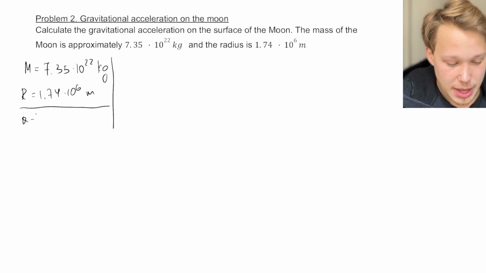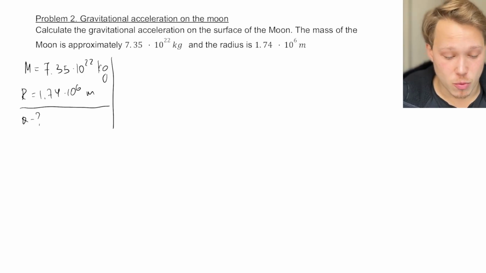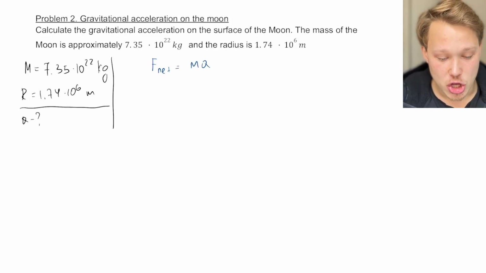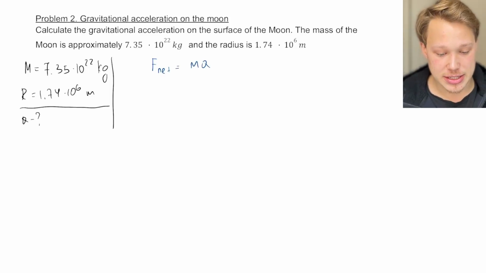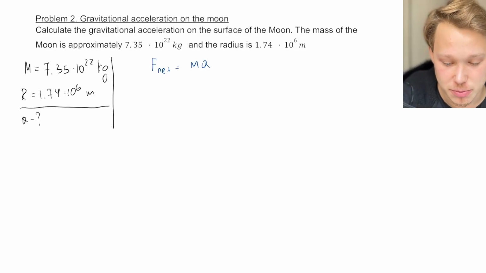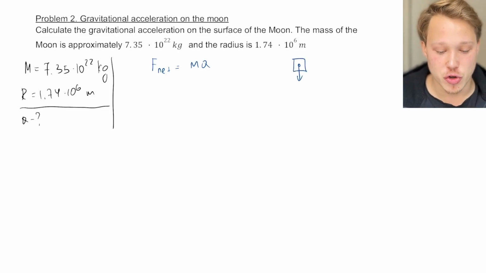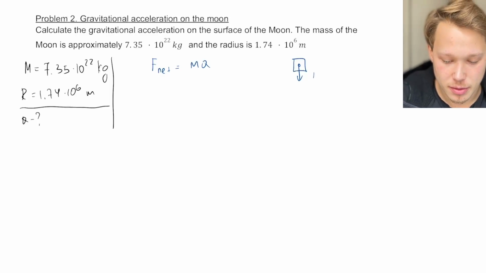Now, we'll start this question just as we've started all our examples in previous units, with Newton's second law: F net is equal to ma. If you are in gravitational free fall, just a falling object, and the only force you're experiencing is the force of gravity from the moon, then F net will be just the gravitational force itself.